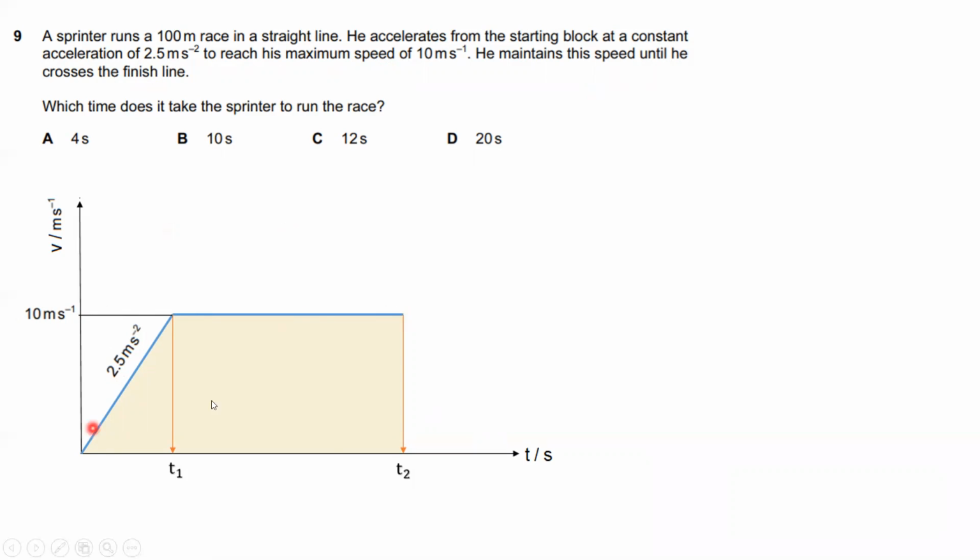So the area of a VT graph will give you the distance traveled by the sprinter. The area of this VT graph should give you 100 meters. What time does it take the sprinter to run the race? Which means we have to find the time taken to complete the entire journey.